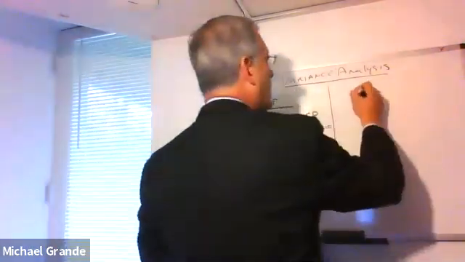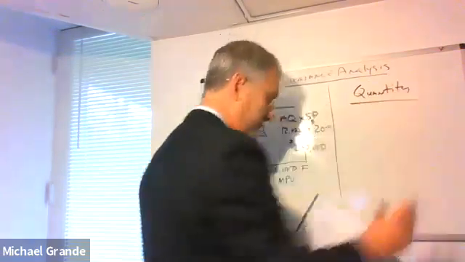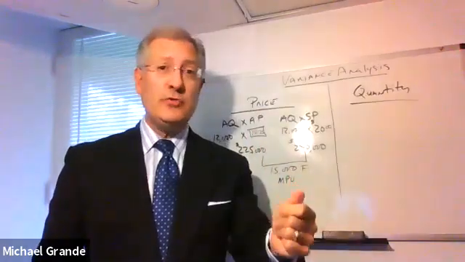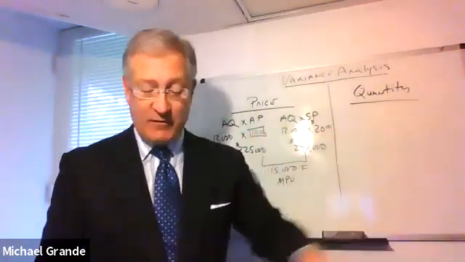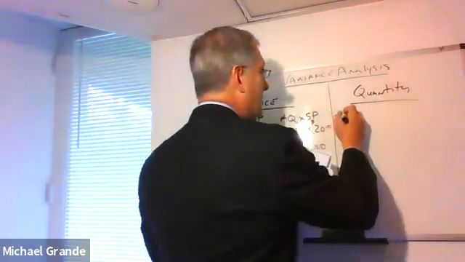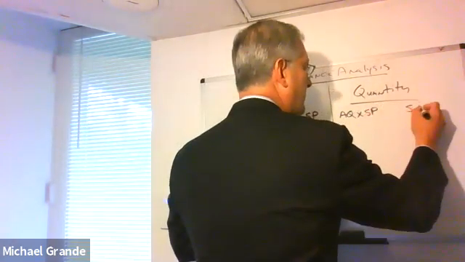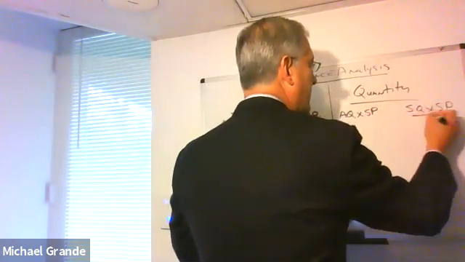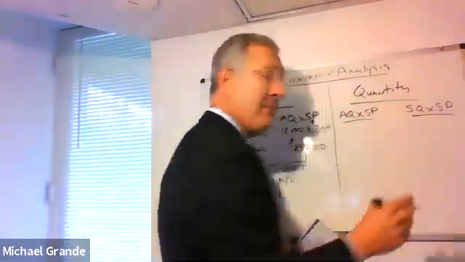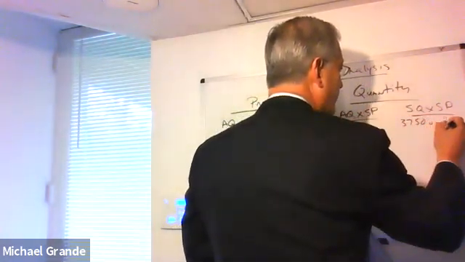I need to calculate the quantity variance. Remember, quantity variance is based upon what was used in comparison to what they should have used. So, AQ times SP versus SQ times SP. Let's work with the SQ first. They produced, remember at the very end of the problem, 3,750 units.